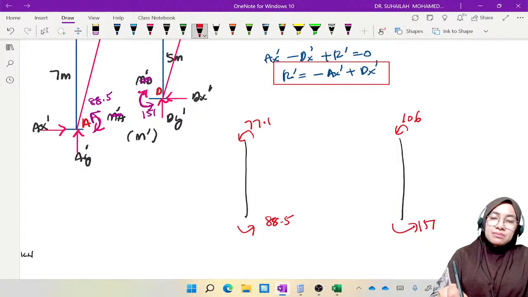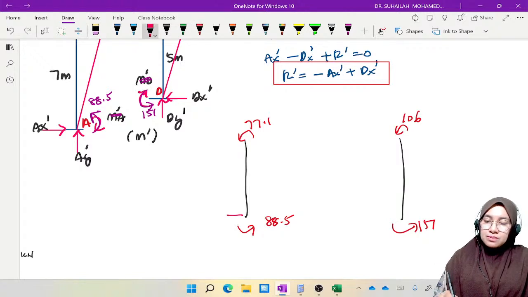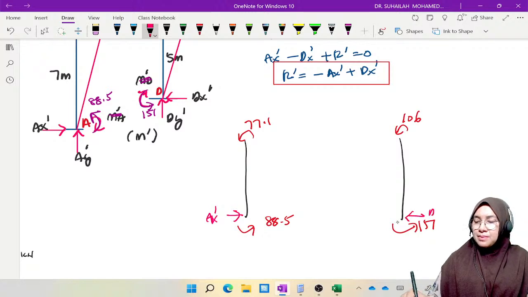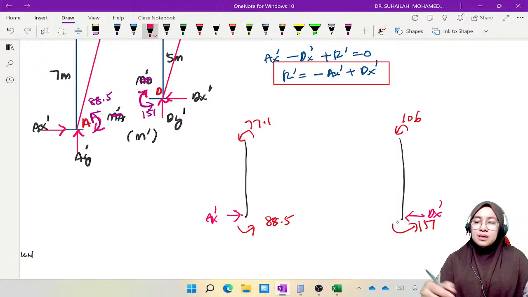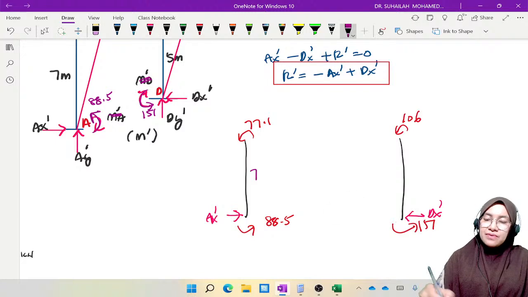So we have Ax prime and Dx prime. This is 7 meter. This is 5 meter.